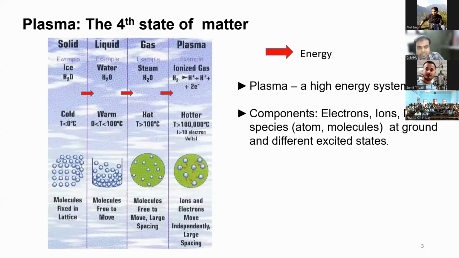Now comes the last part. What would happen if you put more and more energy into the gas? As I show in these reactions here, this is an ionized gas, meaning the atoms or molecules dissociate.